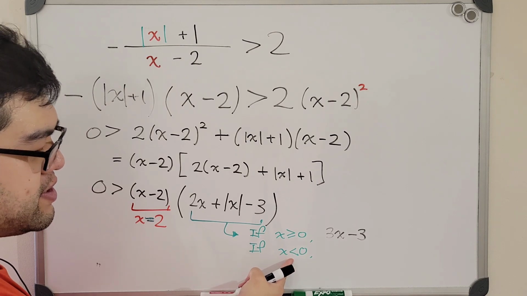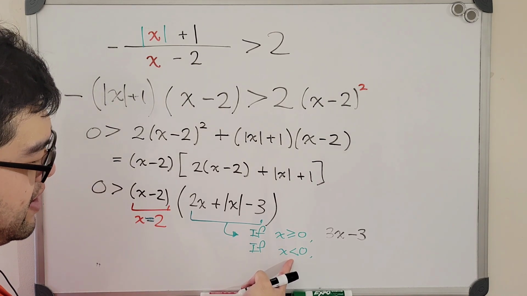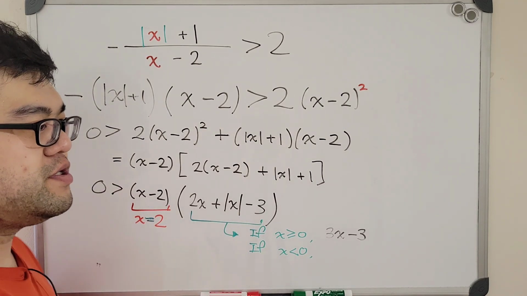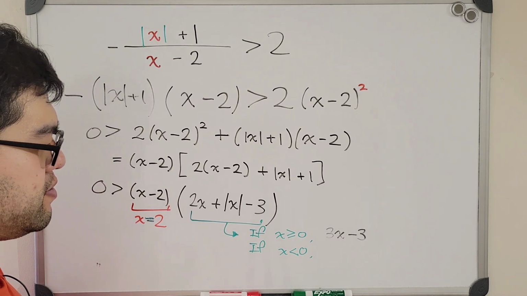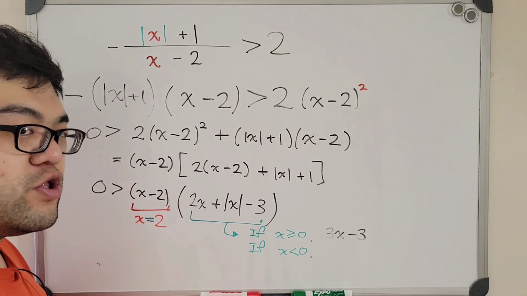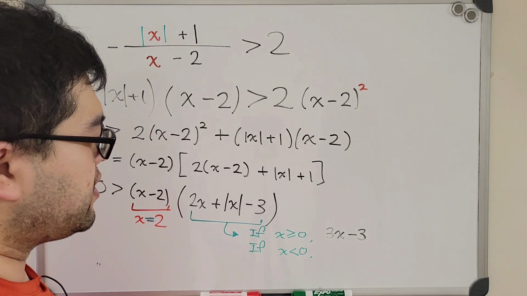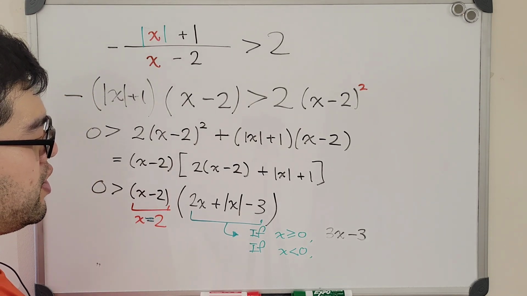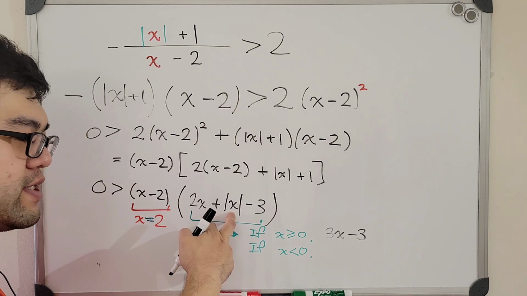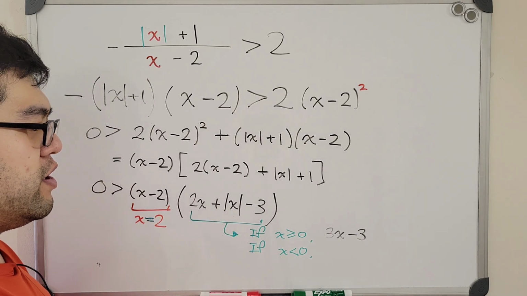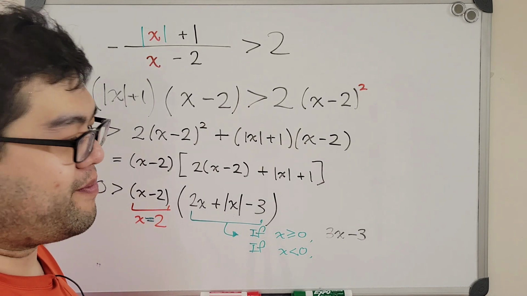Now, if x is less than 0, meaning if x is negative, by the definition of modulus or absolute sign, we need to flip it into positive, or we need to take away the sign. So that no matter what value we choose for x in this case, it will turn out to be negative x, or minus x.